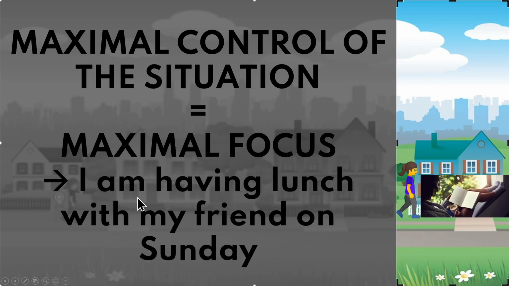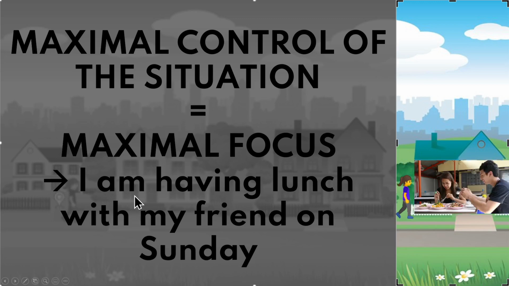And we have another example. To make this clearer, let's analyze this other example. What about I'm having lunch with my friend on Sunday? If I were to say this example, the difference between going to for plans and will for predictions is that everything has already been arranged. Me and my friend have already discussed where we want to go, why we want to go there, how we'll get there, and so on and so forth.